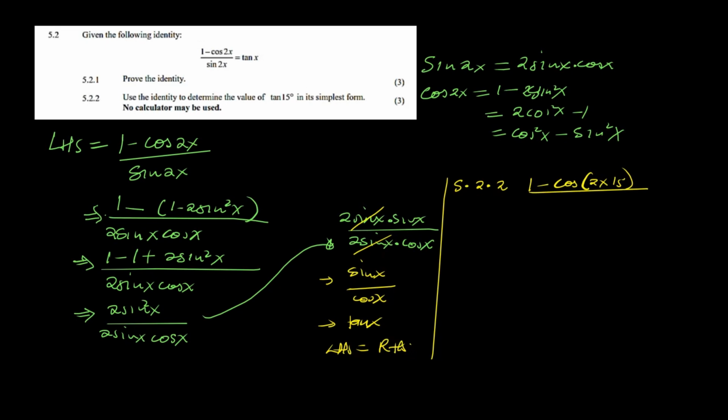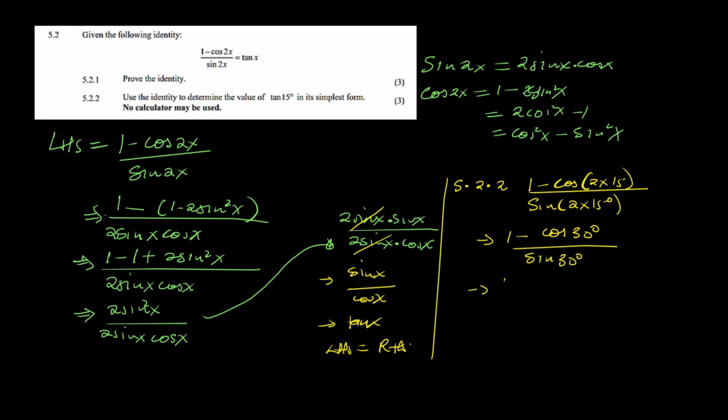Ultimately, where we see sine 2x, that can further be written as sine of 2 multiplied by 15. You just plug in 15, nothing more, nothing less. This will be 1 minus cos 30 degrees, because 2 multiplied by 15 is 30, divided by sine 30 degrees.